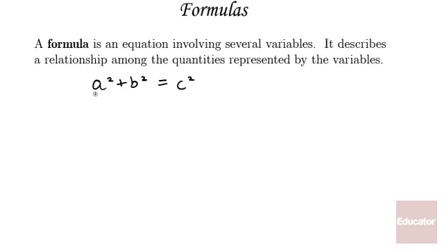And this tells us the relationship among the three sides of the triangle, and that's really what formulas are all about. And really a lot of what algebra is all about is describing relationships between various things. And of course, during this course, we're going to be working with various formulas.